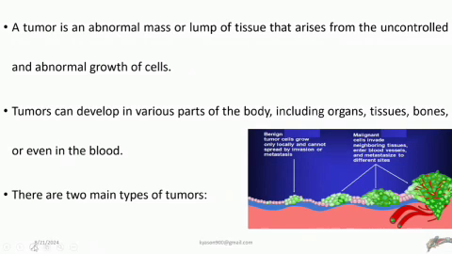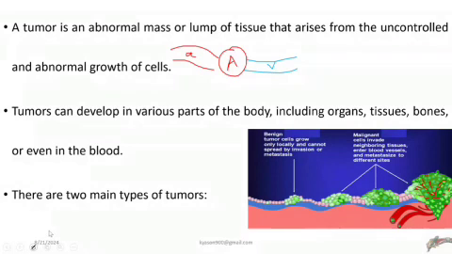Remember, if this is an organ, organ A, you know that this organ is going to receive blood through an artery, and it's going to be drained by a vein, and also by some special lymphatic vessels.